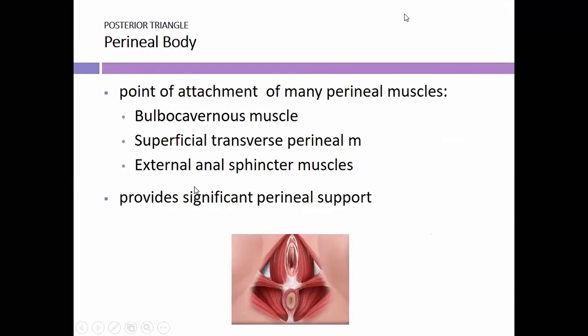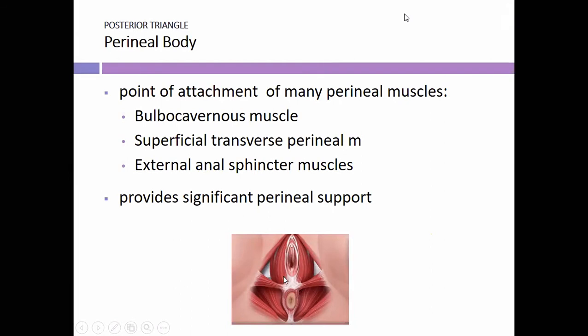This perineal body has muscles attached to it. You have here the bulbocavernous muscle, the superficial transverse perineal muscle, and the external anal sphincter muscles. So this is the central tendon, also known as the perineal body.